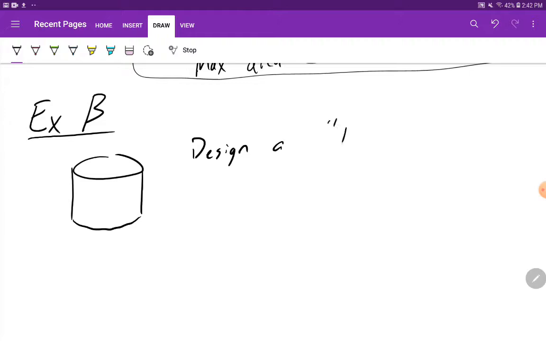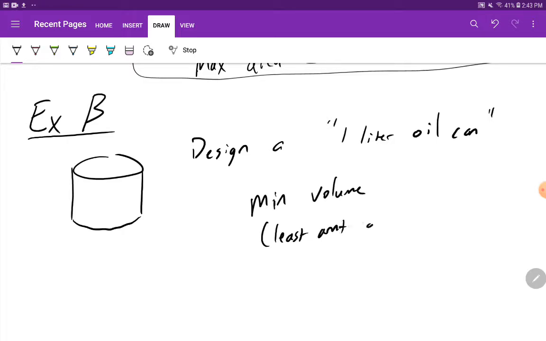a 1 liter oil can. The oil is kind of irrelevant, but it's saying to minimize. You want to minimize the volume for this one, right? Because if you think about it, when we are constructing things, we want to use the least amount of material, right?